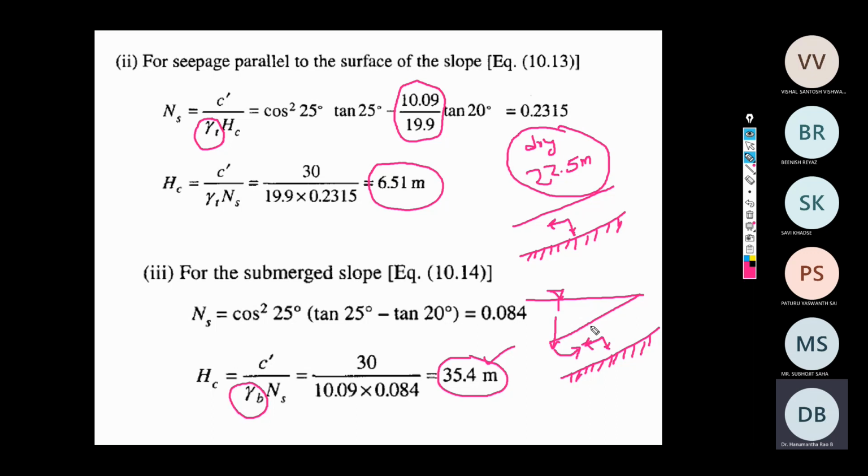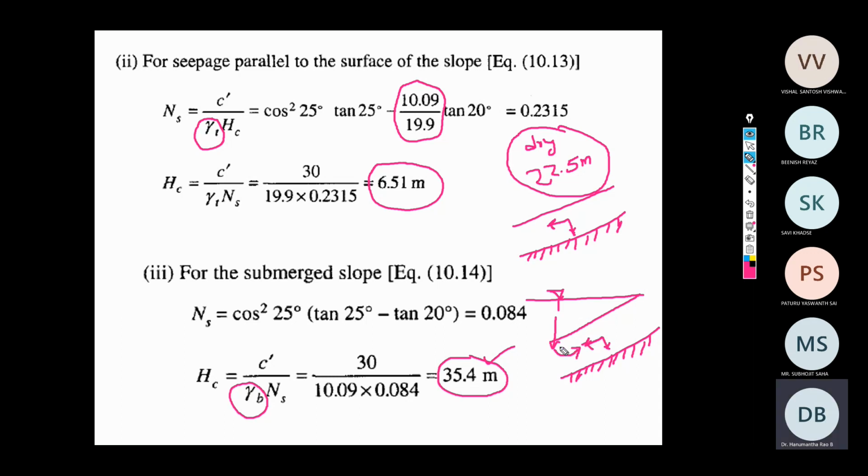While in case of the submerged condition, in addition to the normal and tangential components of the soil, there is an additional component, that is the water component, which acts in the downward direction. However, this downward action of the water to some extent counteracts one of the components of the soil, either the tangential or the normal, and thereby it minimizes the weight.